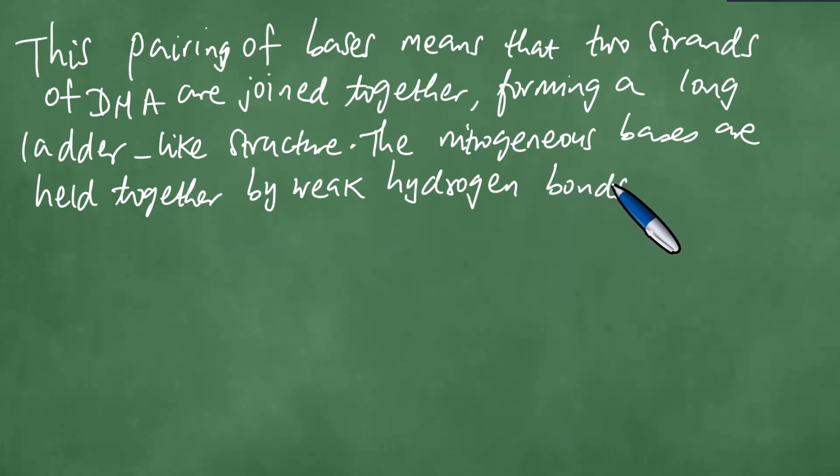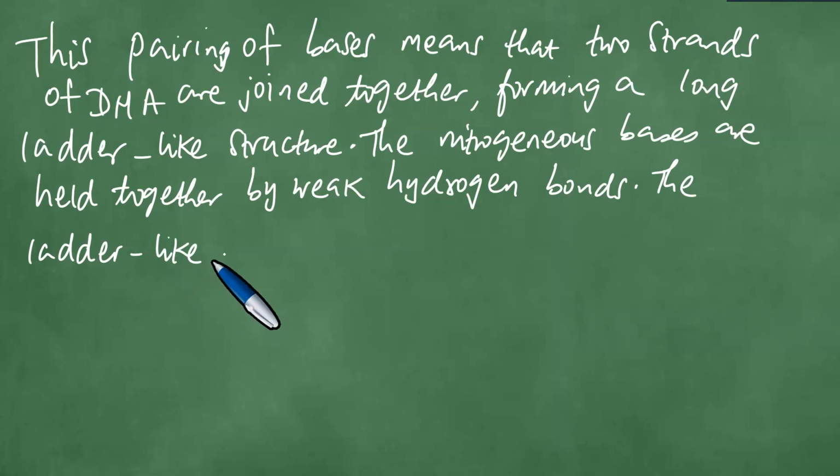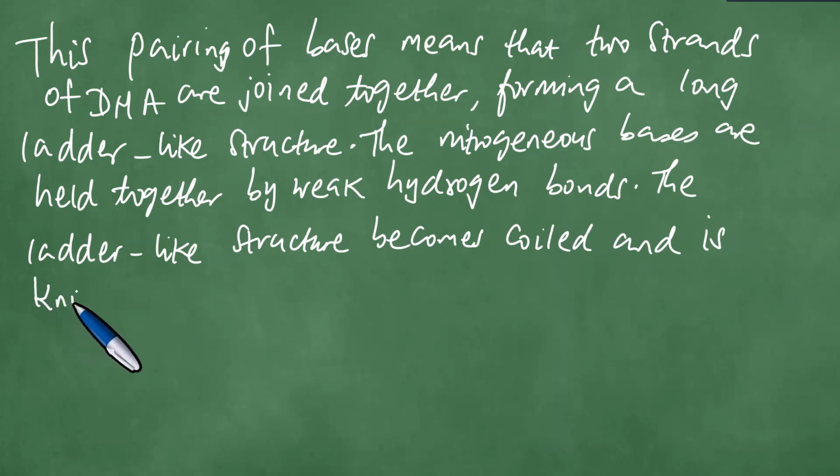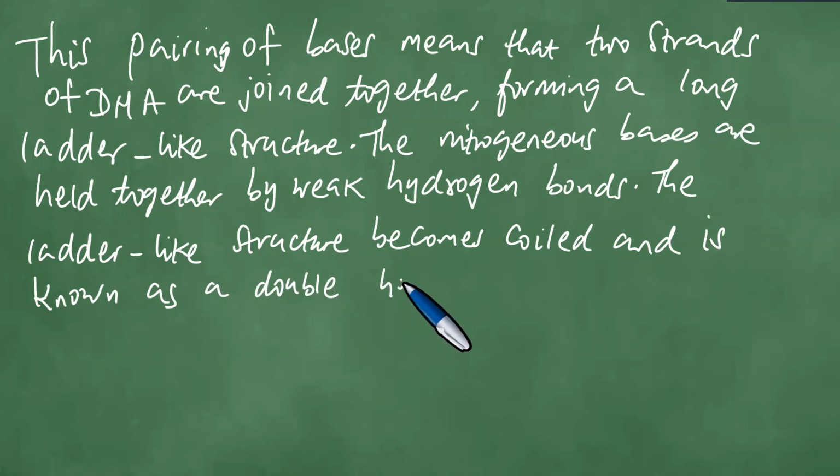The ladder-like structure becomes coiled and is known as a double helix structure.